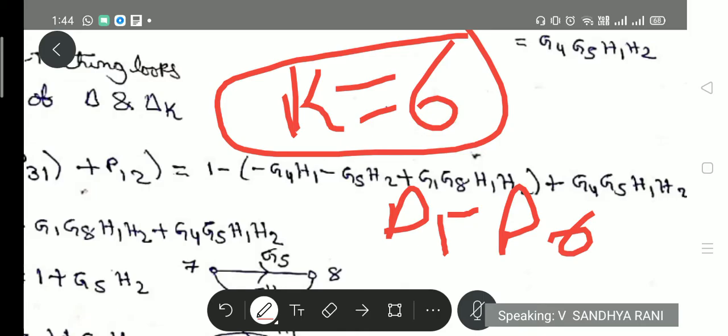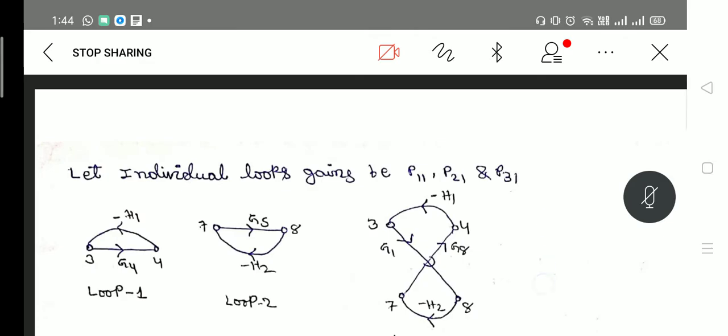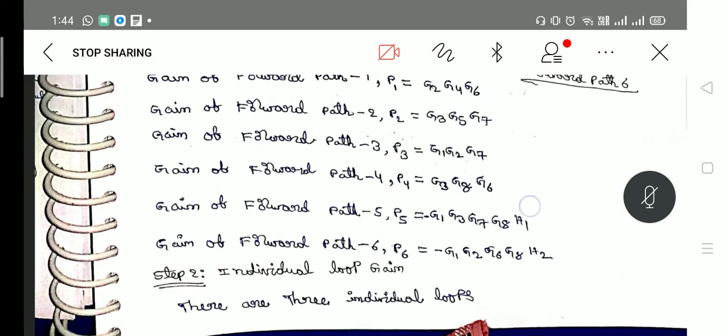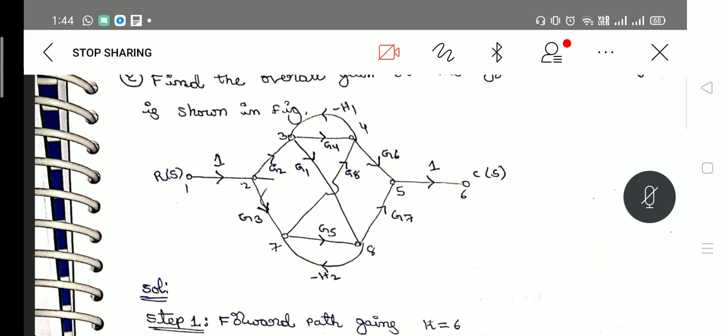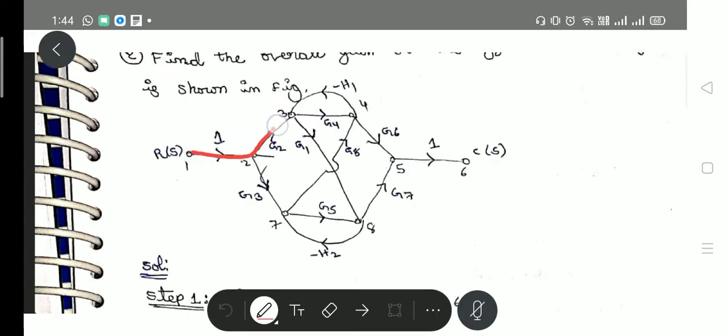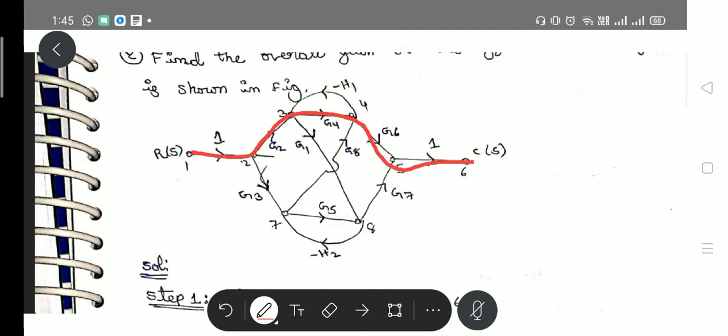Okay. Delta 1 means the non-touching loops of the first forward path. This is the first forward path. What are the loops non-touching to this first forward path?